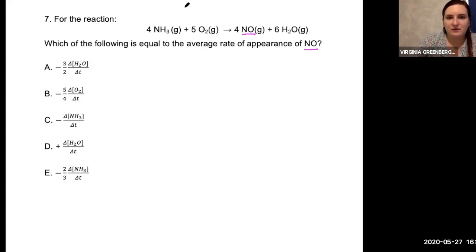And so if we were to write it out where we have everything equal to each other, we could start with our first reactant and say it's going to be negative for the rate because it's going away. And what we're going to do is say 1 over the coefficient, so 1 over 4 times the change in the concentration of ammonia over time.